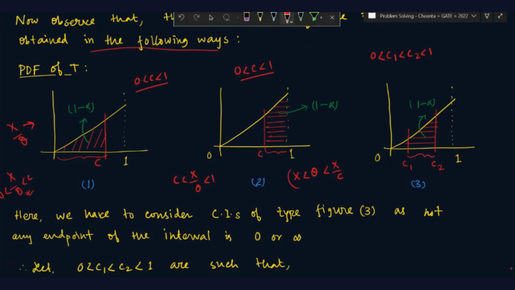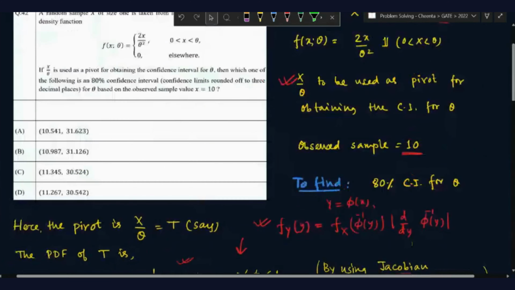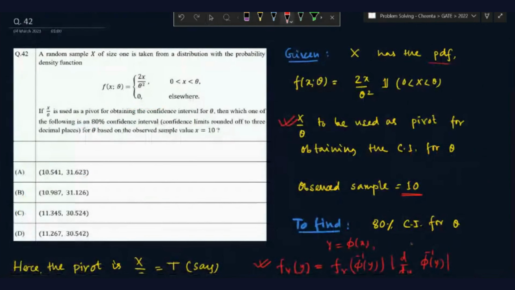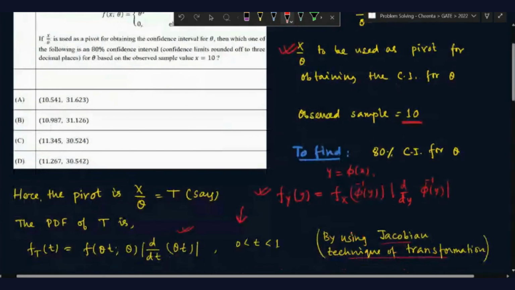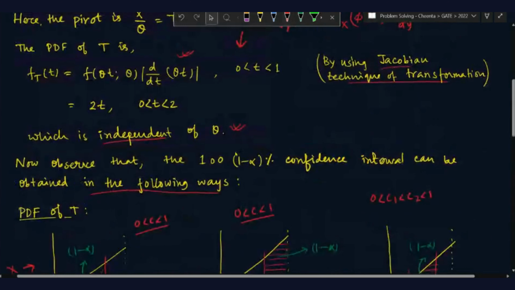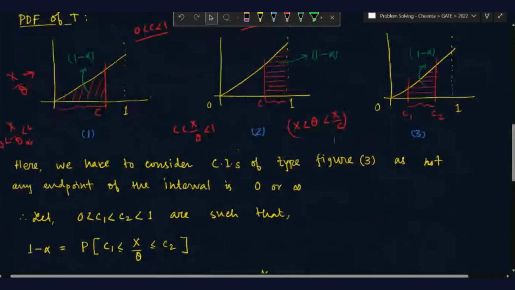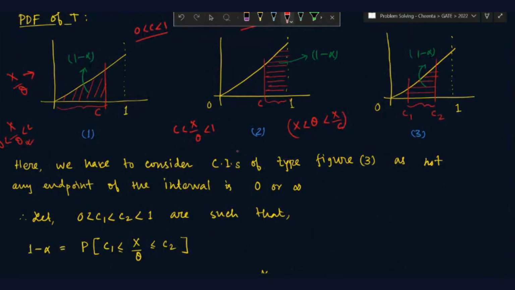So this kind of intervals we can get. But here in the problem, the confidence interval is not of the type with 0 or infinity at an end. So we use the third form, that is the form c1 to c2, where c1, c2 lie between 0 to 1. That is type 3.